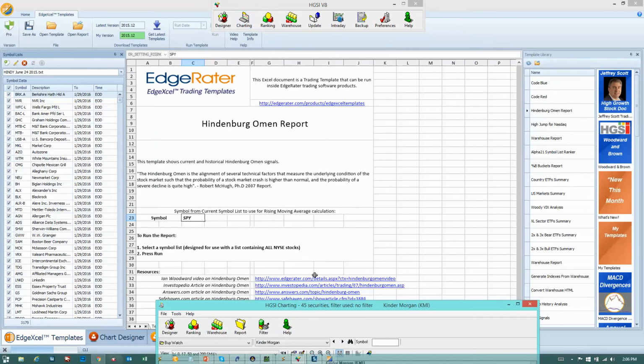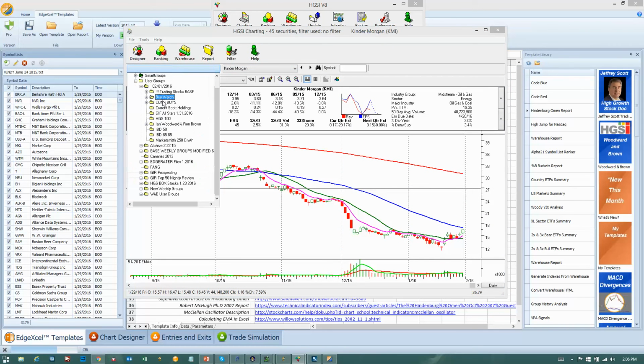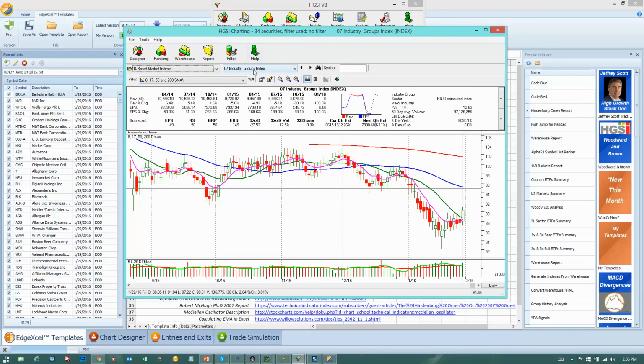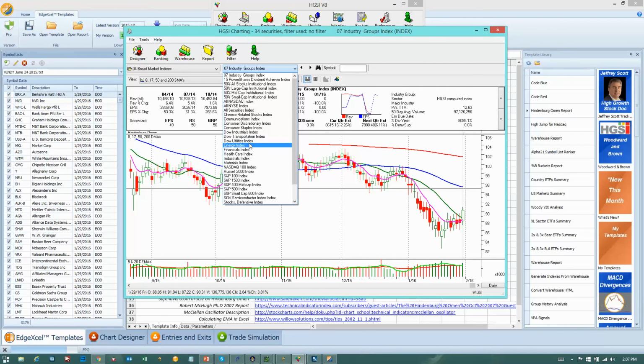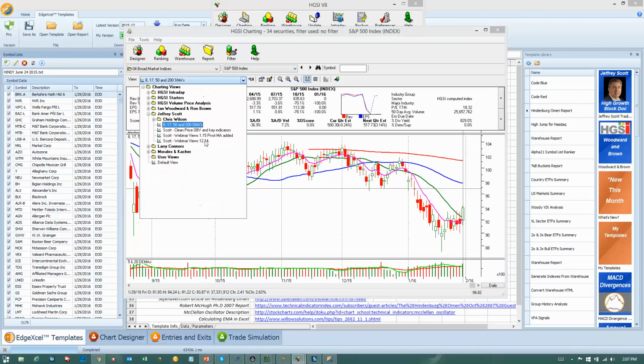Hold on a second. Take a quick look. Well, you can look at any index, but let's just look at the S&P 500. And let's change the view to one that actually has the Hindenburg in it.